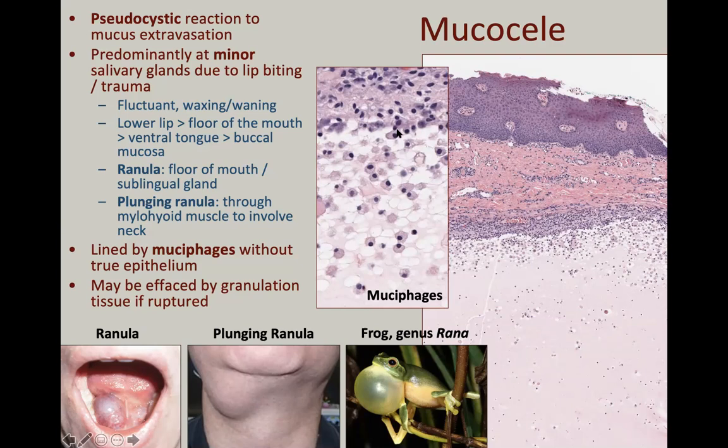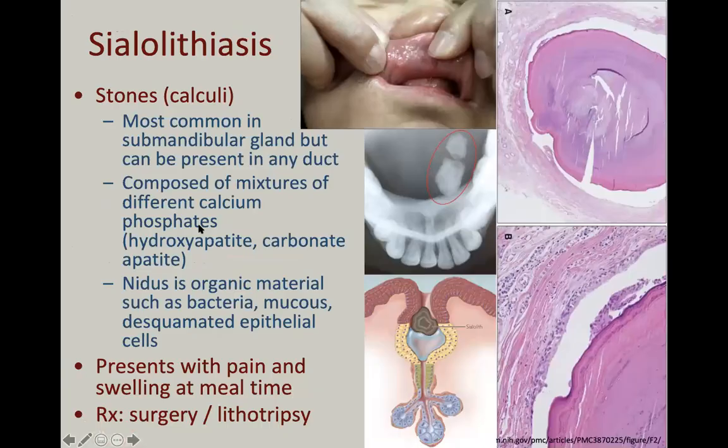These are lined by macrophages or so-called mucophages, meaning macrophages that ingest mucin at the cyst wall. And that's how the diagnosis is made, at least histologically. Interestingly, it's named based on the frog, who has this sort of gullet that is balloon-like, that looks very much like these bulging items in the sublingual area. So I thought that's interesting.